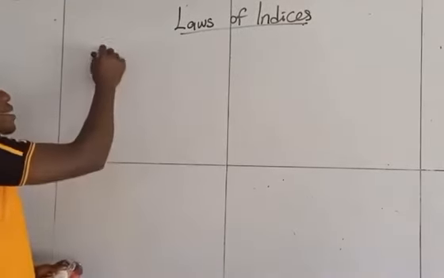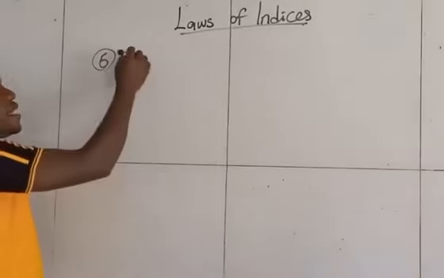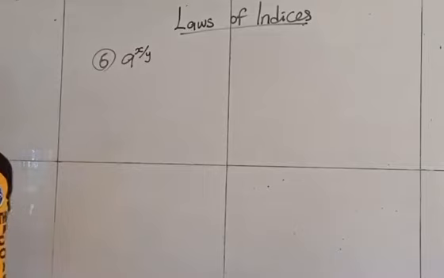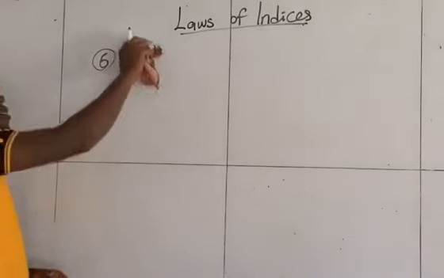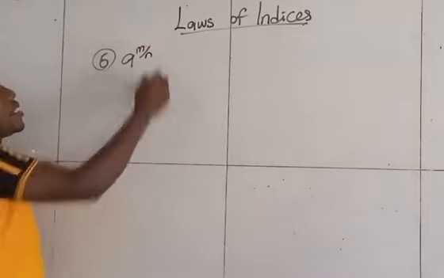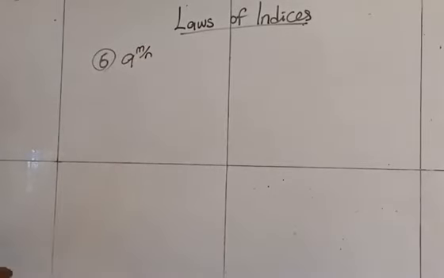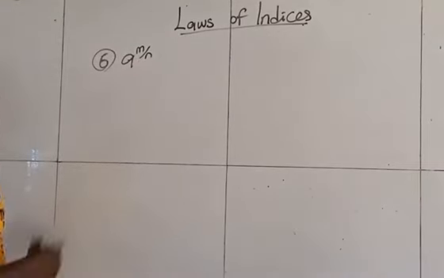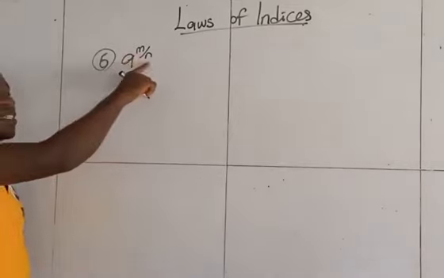Then finally, the law of fractional powers. I think that's number 6. If I have a raised to the power m over n, let me maintain the terms I was using. If you look at these powers very well, these are fractions. This is called the fractional powers. And in this fraction, there is a numerator, there is a denominator.